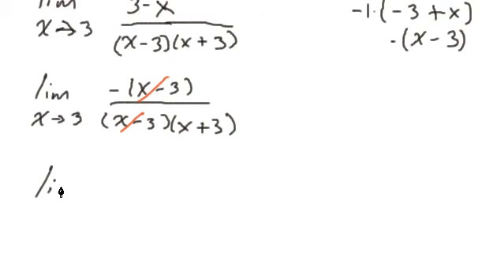So this is the limit as x approaches 3 of, and I'm just going to bring this negative out front, negative 1 over x plus 3. Now we can do our direct substitution, plugging 3 directly in.